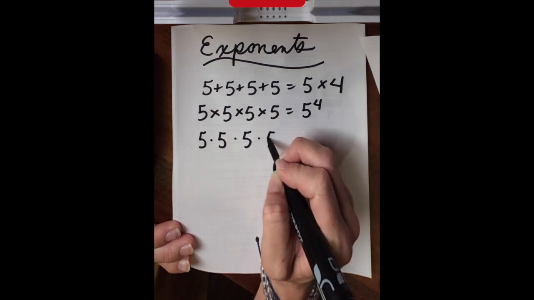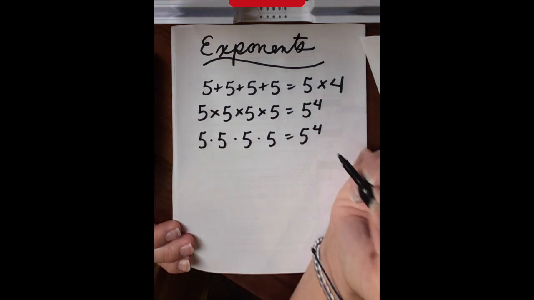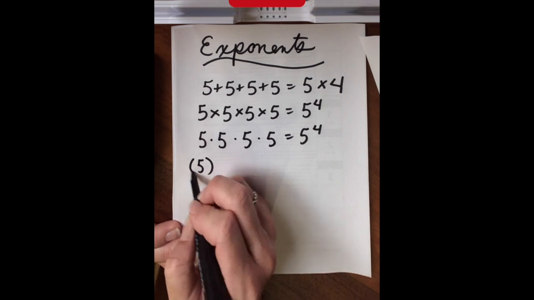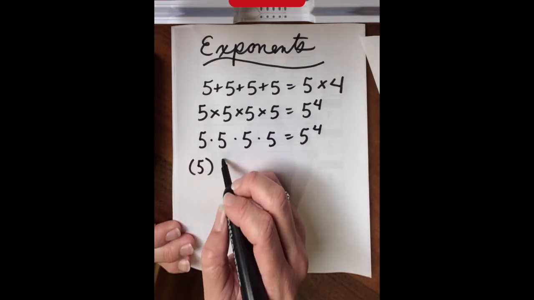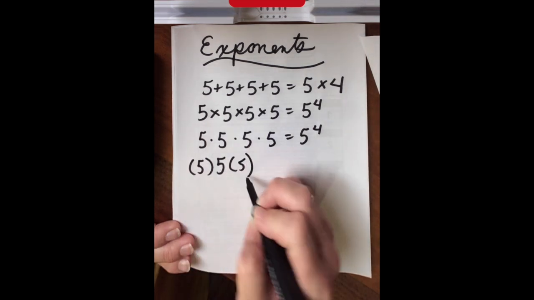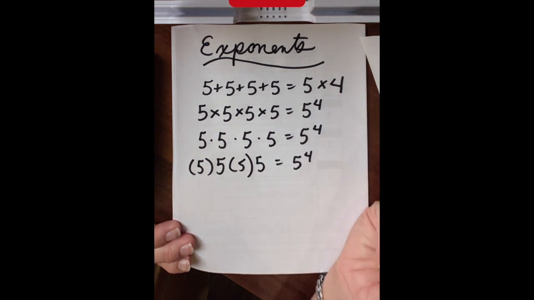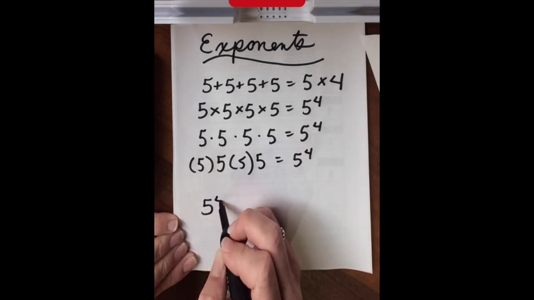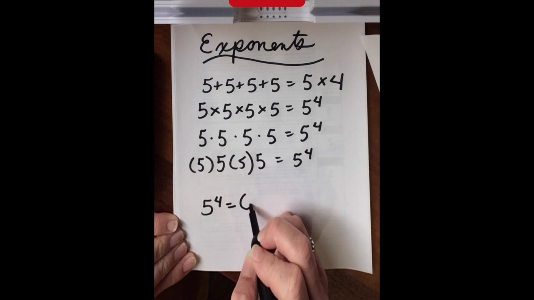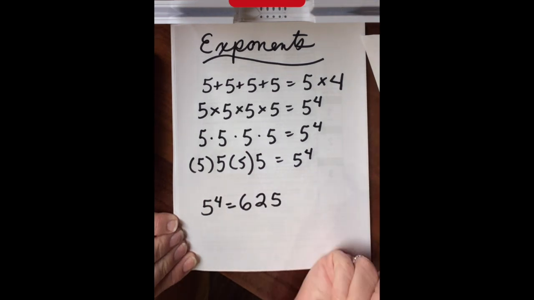So it's a little bit trickier, and there's lots of different ways you can multiply 5 multiple times. You can put an X, you can put a dot, you can do parentheses, but 5 to the 4th power simply means 5 times 5 times 5 times 5, okay? And so 5 to the 4th power is actually 625.